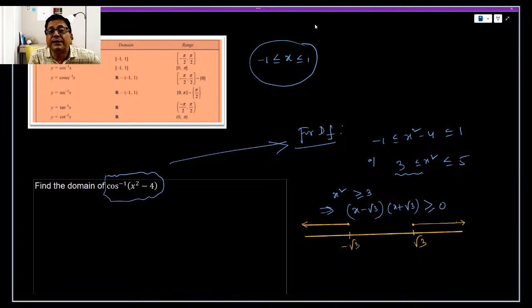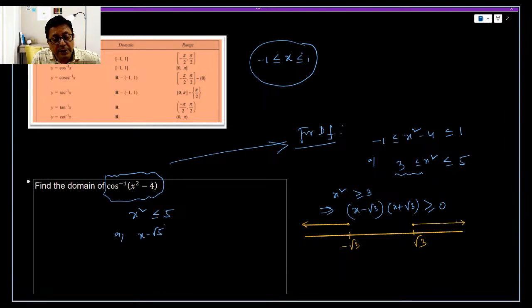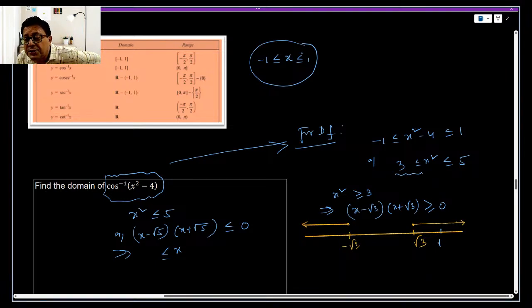Now let us consider the second part. Second part is that x square less than or equal to 5, or x minus root 5 into x plus root 5 less than or equal to 0. This implies on the number line, if we take 2 points here, this is root 5, this is minus root 5.